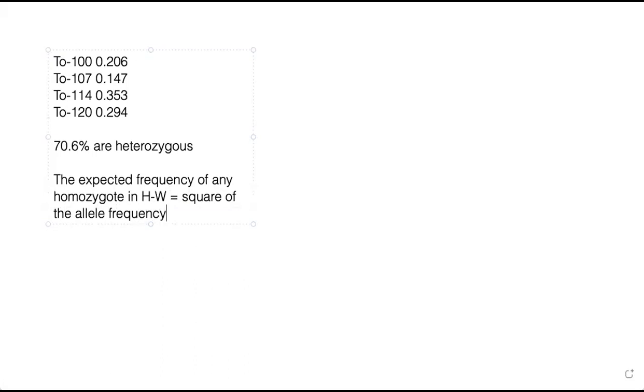So if you want to know the total frequency of all homozygotes in a population, we could abbreviate that as HO, the frequency of homozygotes.